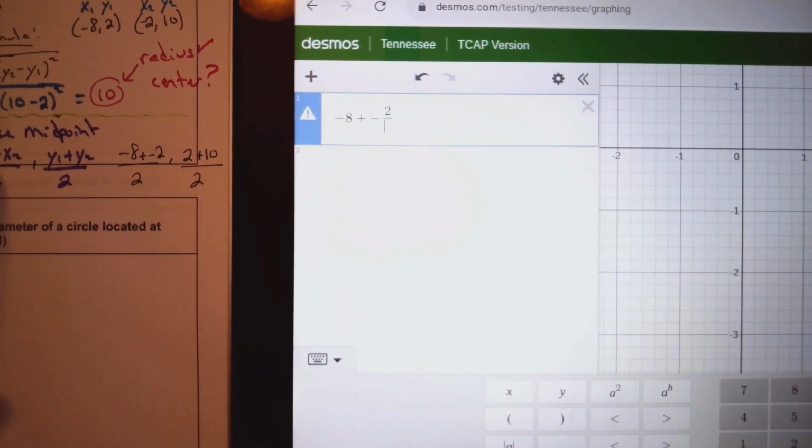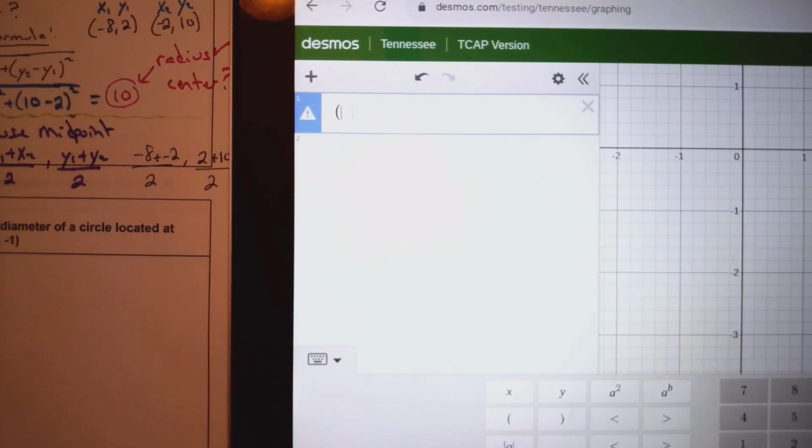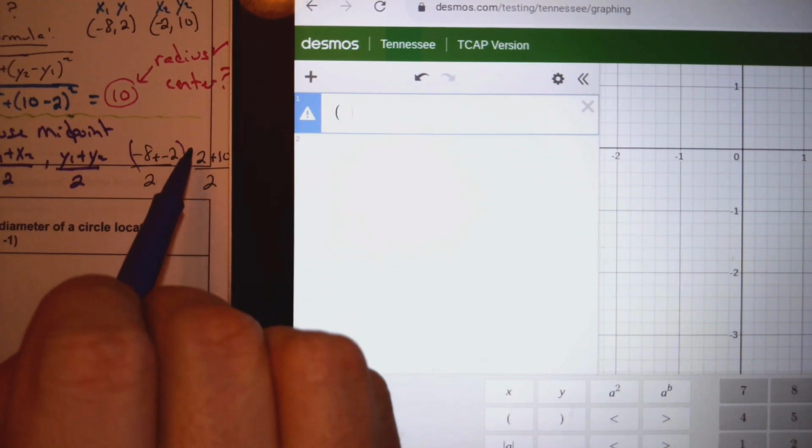Oh, I don't want that. I need parentheses, so I guess we need to put these in parentheses for Desmos.